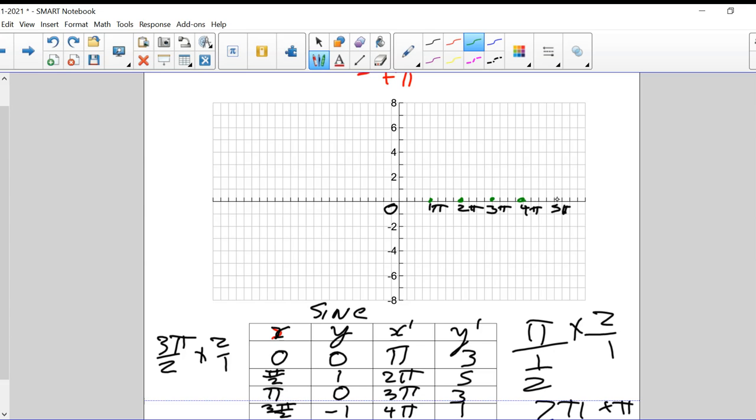And there. Okay, so here we go. We said that at pi you were at 3. So I put that in red. 3 is somewhere around here. At 2 pi was at 5. That's about here. At 3 pi was back at 3.